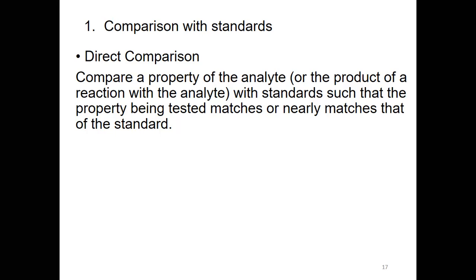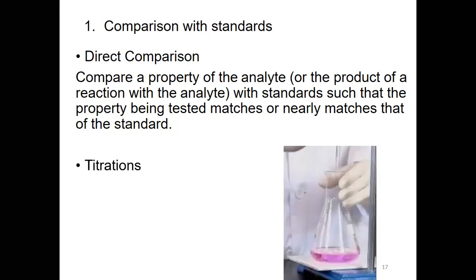So that is direct comparison. Here we don't do any calibration plot. We are not plotting any calibration. We directly do the comparison using a colorimeter. That is one method, direct comparison, where we compare with the standard.